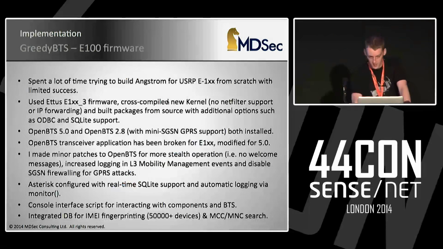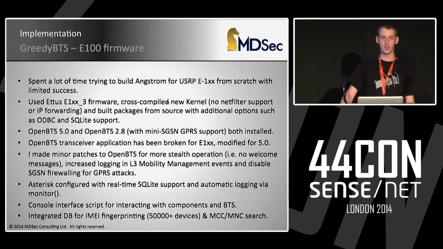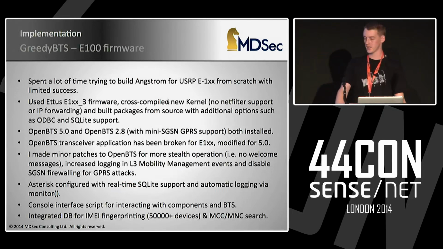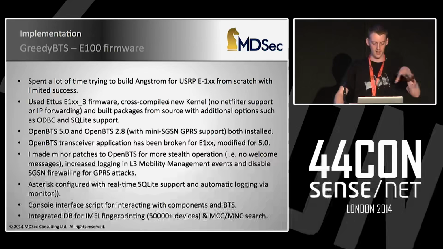So now to get on to the actual implementation of GSM attacks. GreedyBTS is a firmware image which you can install inside of a USRP E100. I spent a lot of time trying to rebuild the Angstrom image from scratch with limited success. So essentially what I did was I took the stock image and then cross-compiled new kernel images and additional packages in there, because a lot of the Ettus packages lack support for SQLite databases and ODBC, and it's really been developed more as a proof of concept that you could do an embedded base transceiver.